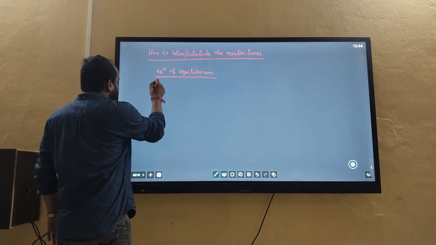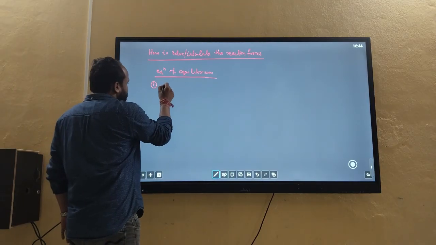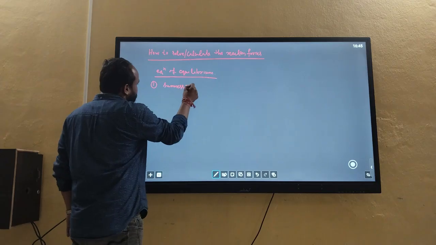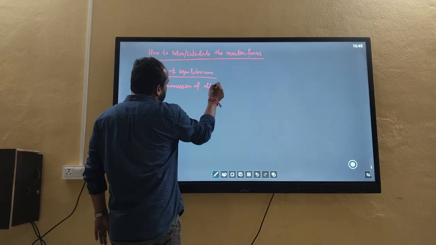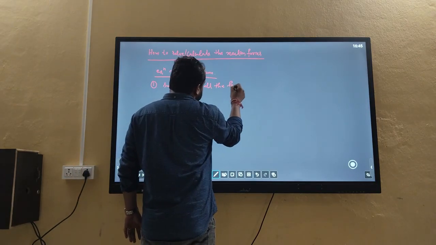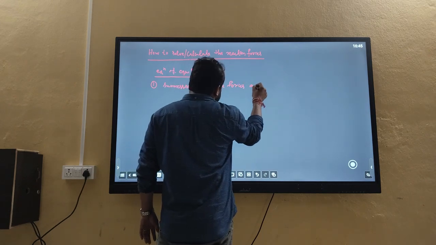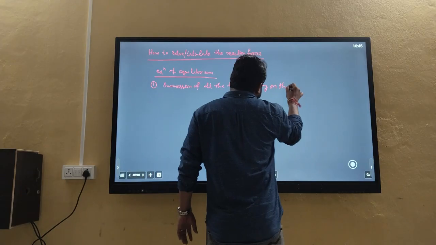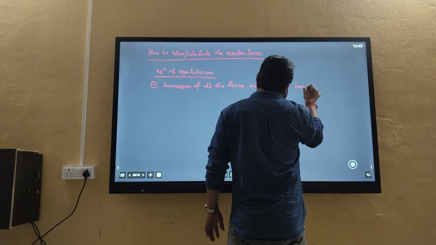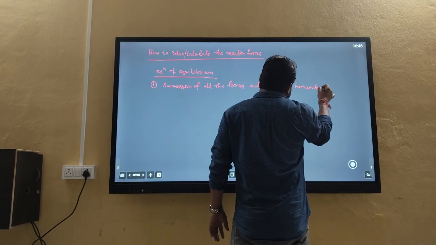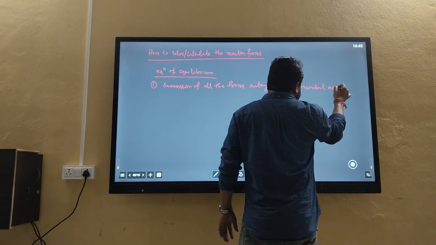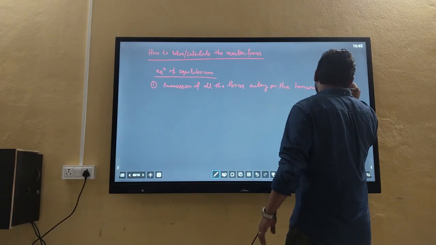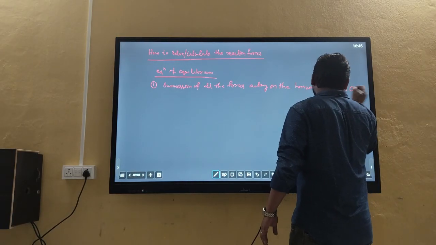The first one is the summation of all the forces acting on the horizontal direction or axis is 0.